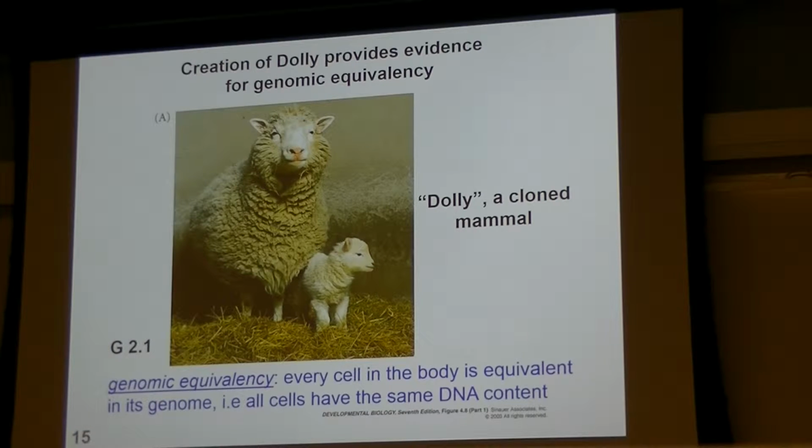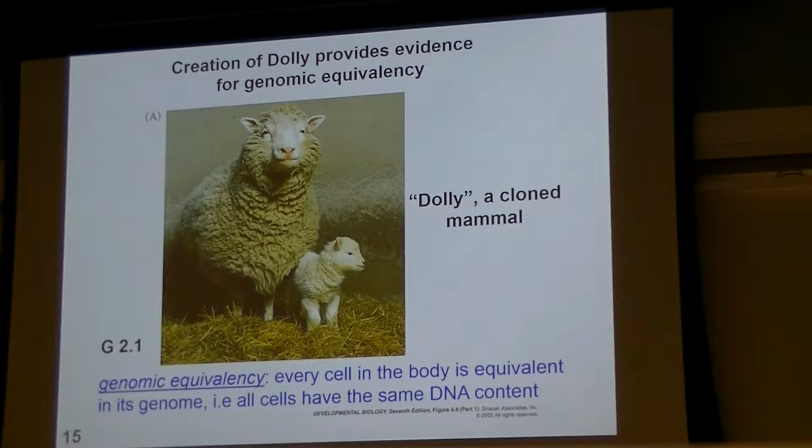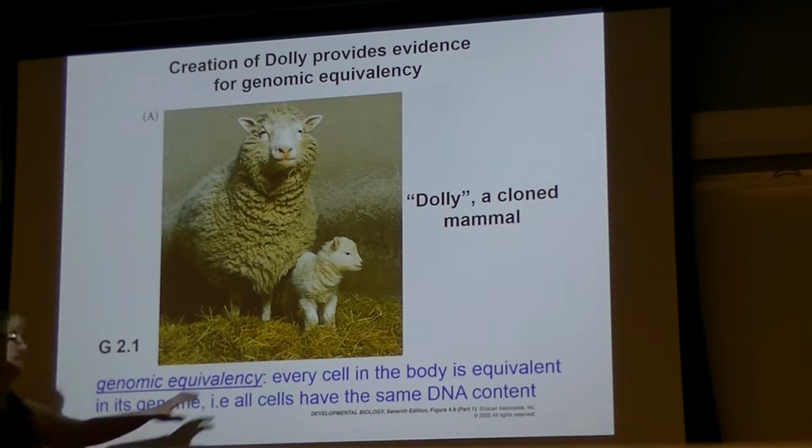Dolly was created by taking a differentiated cell, putting it in the petri dish, and we eventually were able to, from that single diploid cell, regrow, I don't want to say create exactly, another organism that was a legitimate organism with every single type of cell fate that there is, right? So it was a whole other new individual.